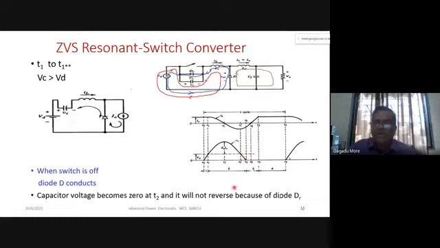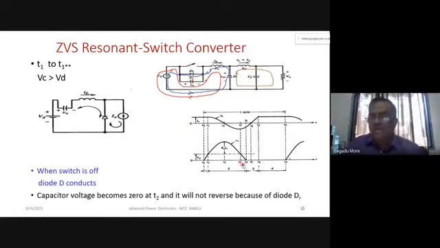And now it is not increasing in the other direction because of the diode. Because of the diode, the voltage will remain maximum and then go to zero, but the polarity will not be reversed. Whatever the voltage across the capacitor here, that polarity will remain the same, positive only, but its magnitude will go to a higher value with the red current, and the magnitude will go on decreasing and become zero with the blue current waveform.